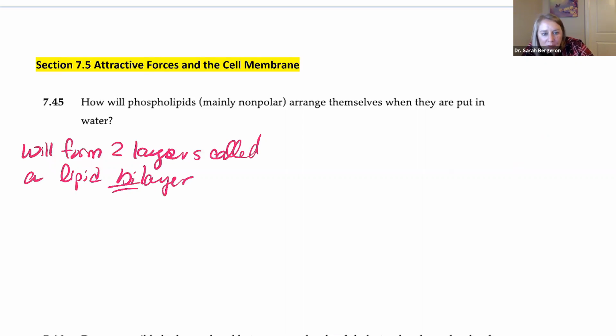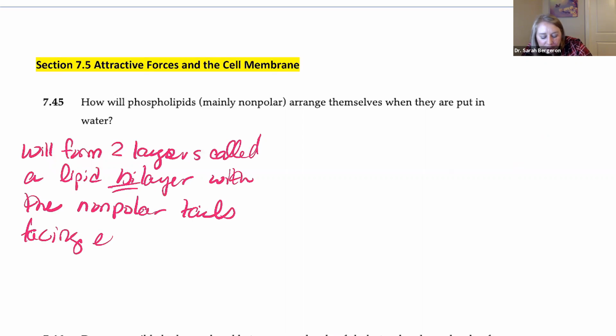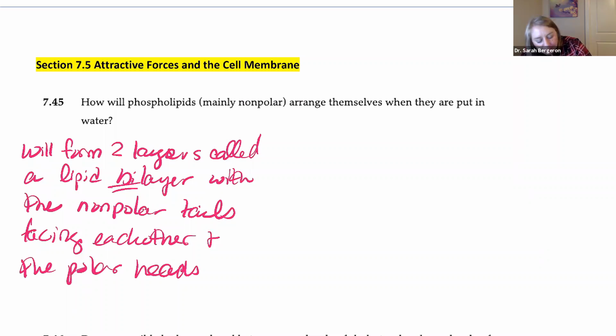Bi meaning 2. How is it going to be arranged? With the non-polar tails facing each other, and the polar heads facing water, or facing out.